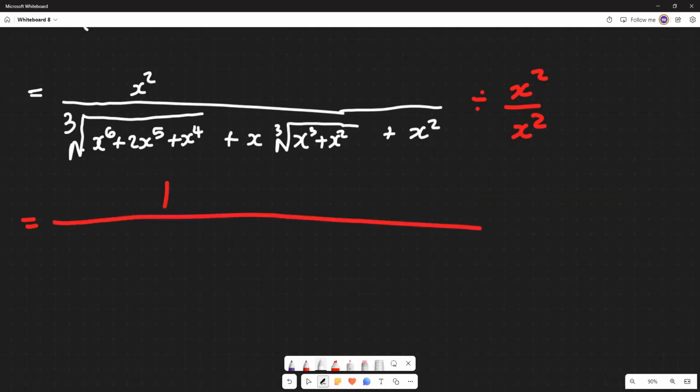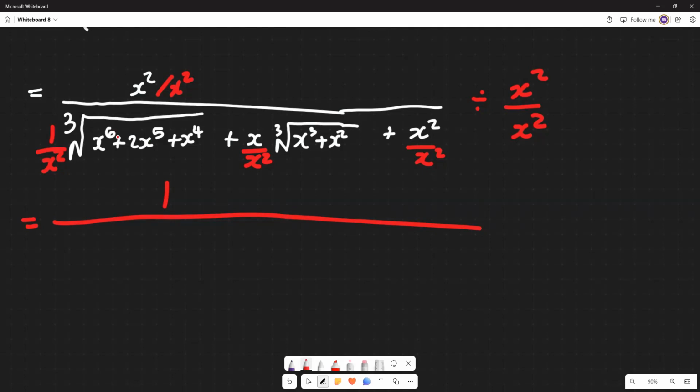Here, remember, I'm dividing by x squared, so it's 1 over x squared here. Then here it's x squared, here it's x squared.